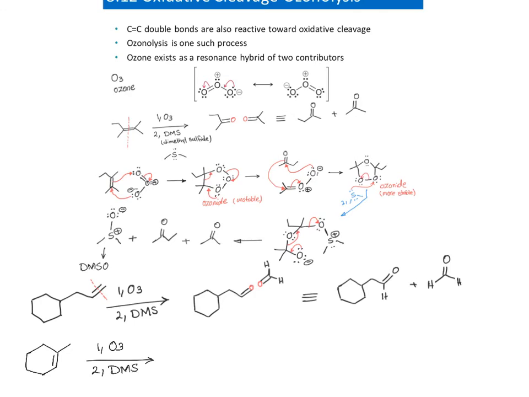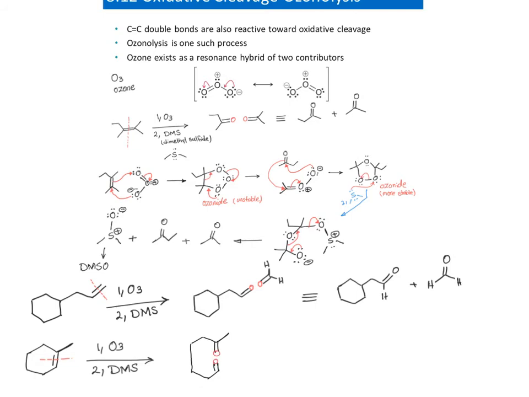Okay, so again, we need to break the double bond, and instead we are going to add oxygen. Okay, so don't forget we have a methyl group connected here, and we are going to add two oxygens.